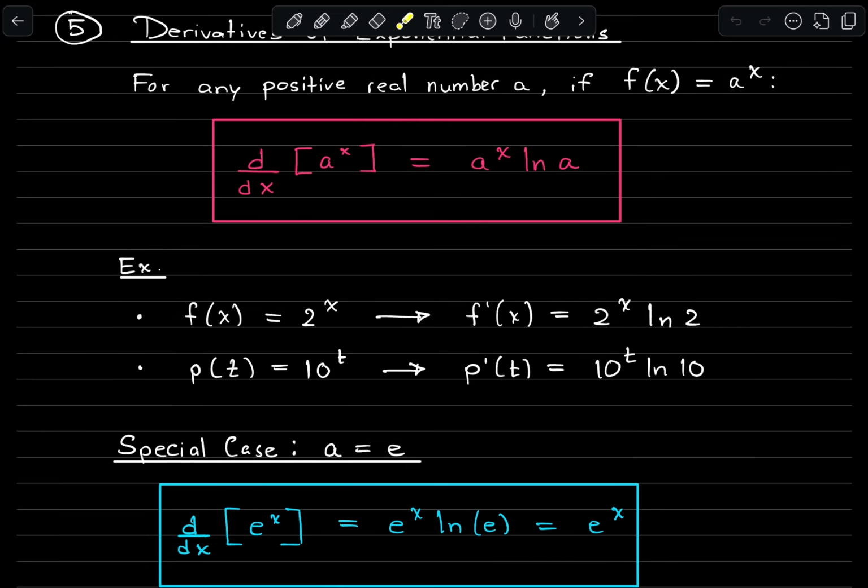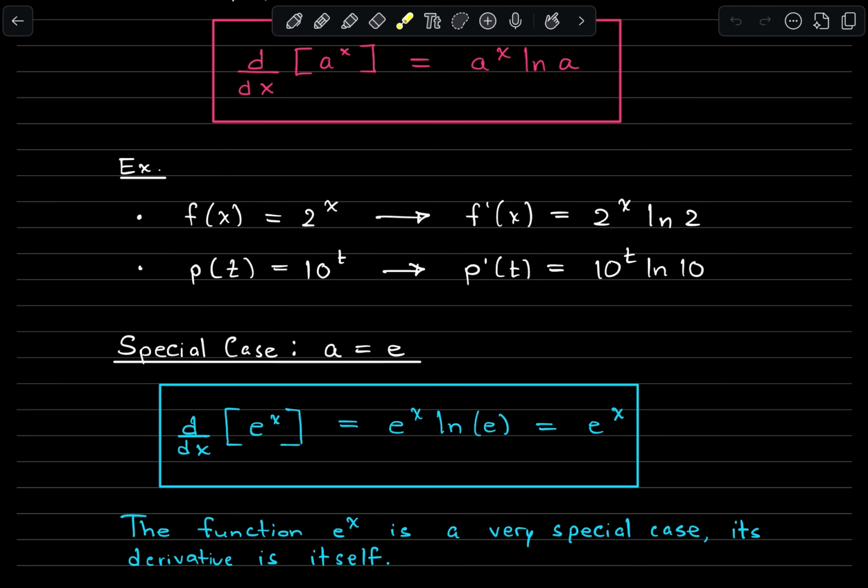Okay, so this is a very special case because e to the x is its own derivative. When you take the derivative of e to the x, nothing happens. It remains the same. Okay, so it's a very special case where the function e to the x, the slope of the tangent lines anywhere along this function are defined by the same exact function. Okay, that's a very unique case.